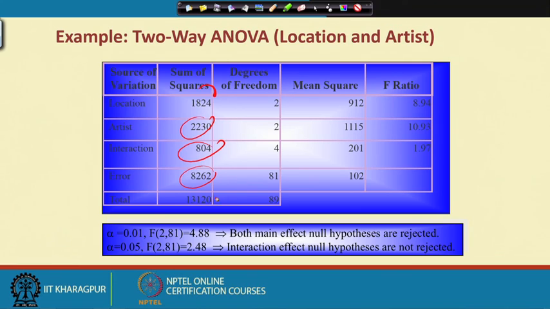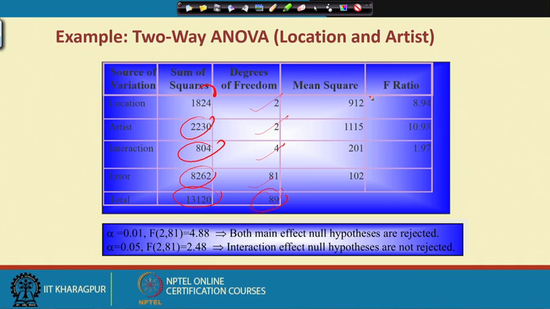If you add all these four, you will get the total effect, called the sum of squares total. The corresponding degrees of freedom are 2, 2, and 4, and for error it is 81, and the total samples for this data is 90, so the degree of freedom will be 89 for the SST.